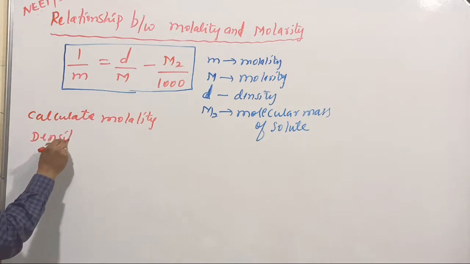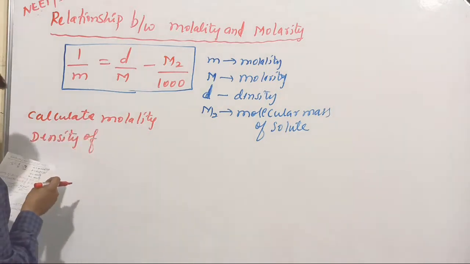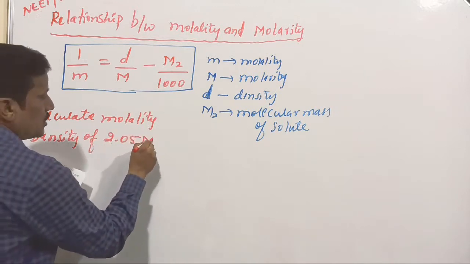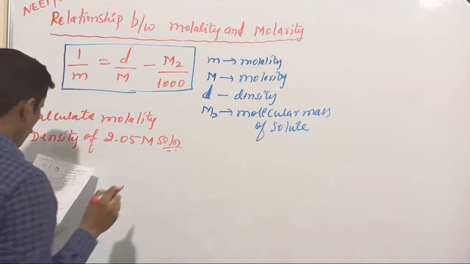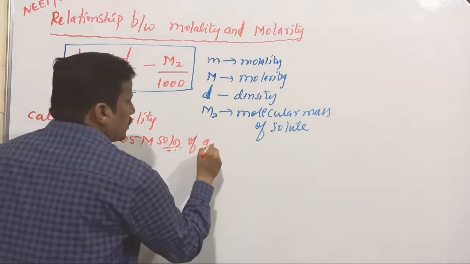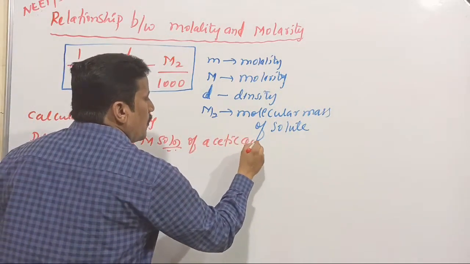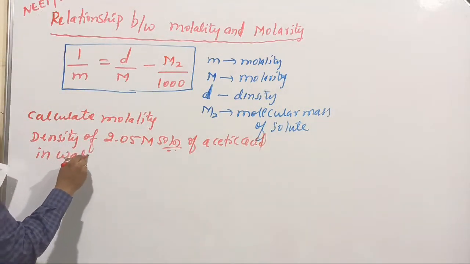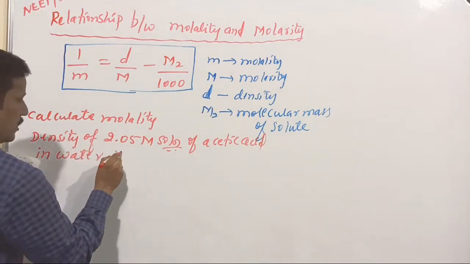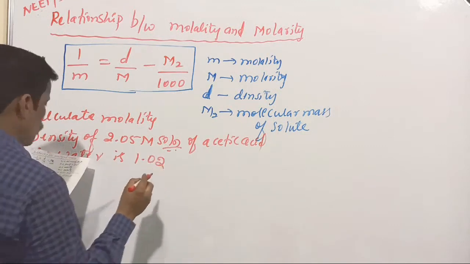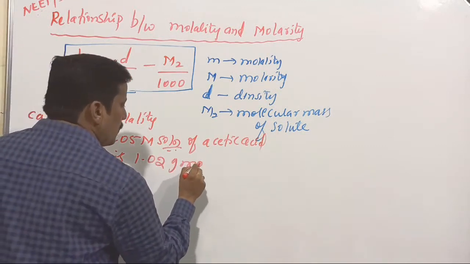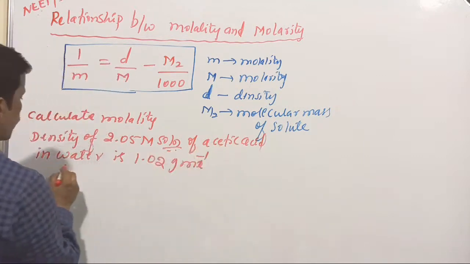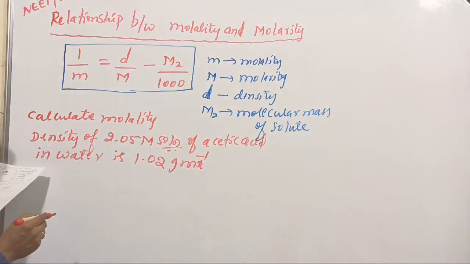Density is given, molarity is given. The density of a 2.05 molar solution of acetic acid in water is 1.02 gram per ml.